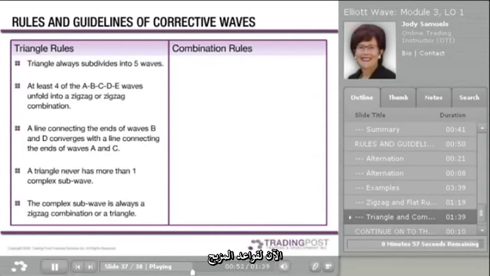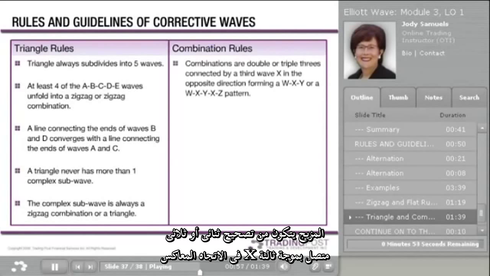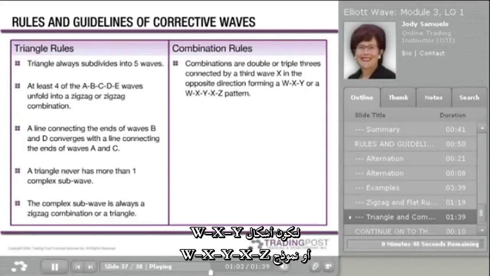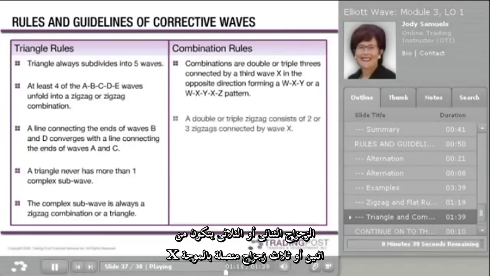And now for the combination rules. Combinations are double or triple threes connected by a third wave X in the opposite direction, forming a WXY or WXYXZ pattern. A double or triple zigzag consists of 2 or 3 zigzags connected by the X wave.